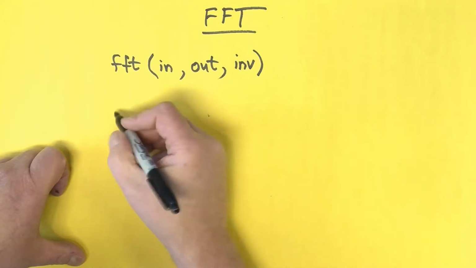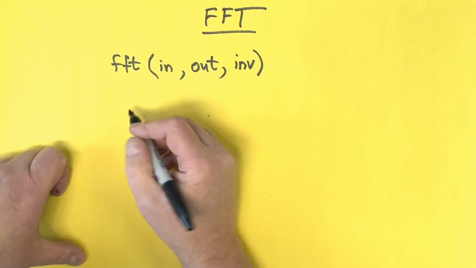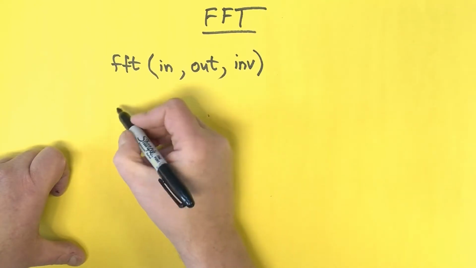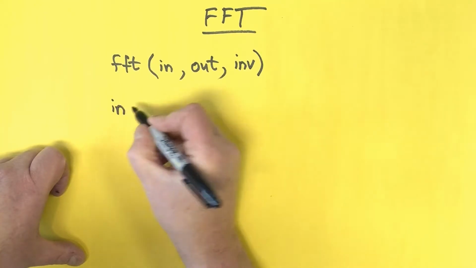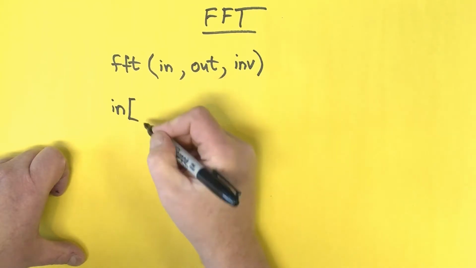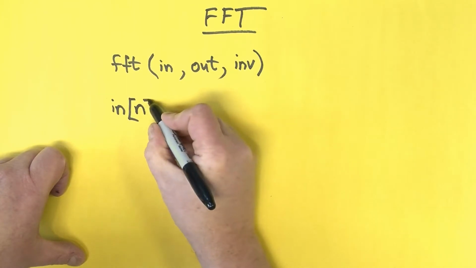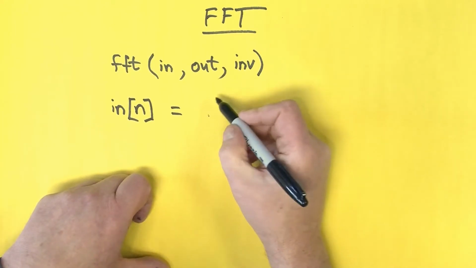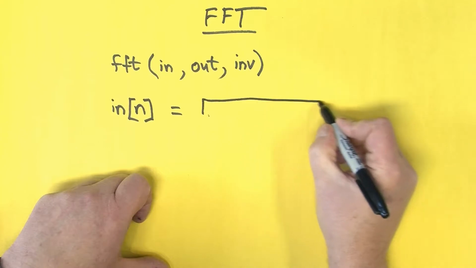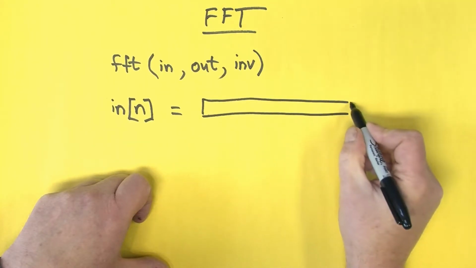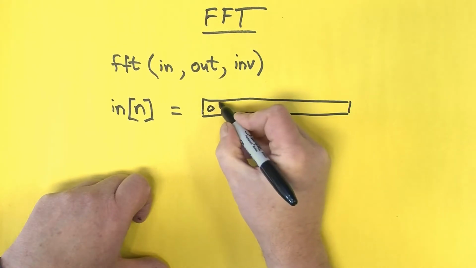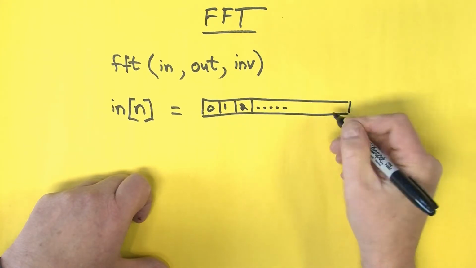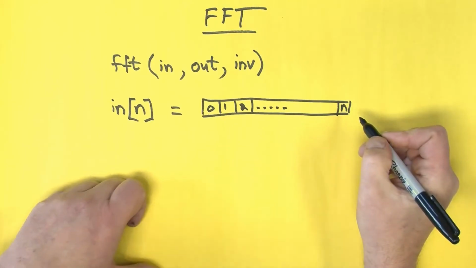So the input array would be declared probably something like this: input with n points. And so it would have a whole bunch of entries in the array. Entry 0, entry 1, entry 2, on and on and on, up to entry n.